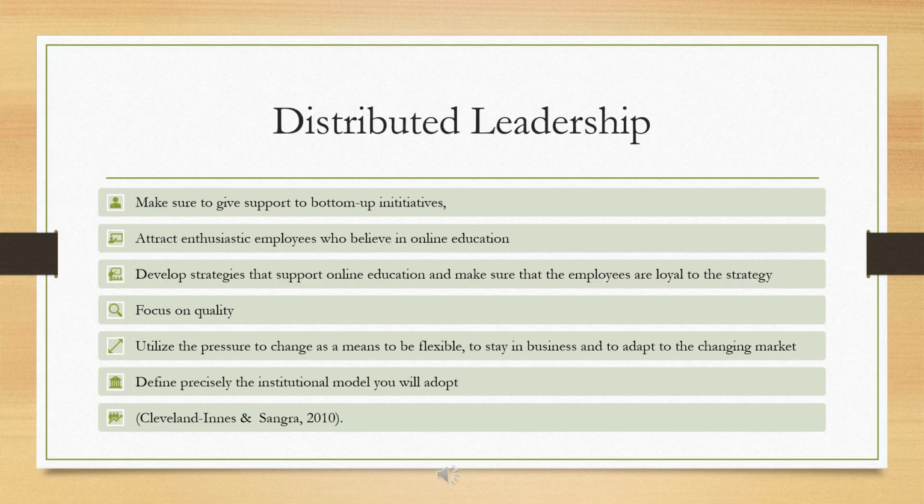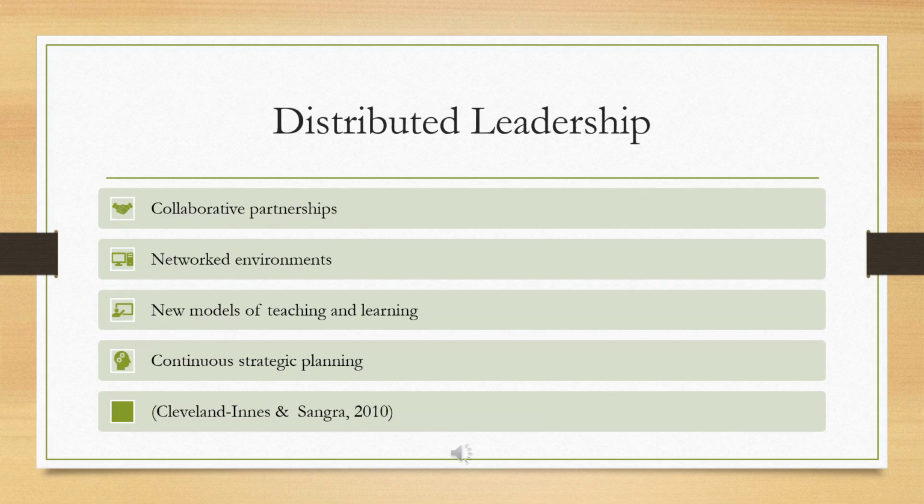For distributed leadership, the idea is to identify the challenges and address the challenges by creating change that approaches innovation. The authors surmise that the new normal for education will involve collaborative partnerships, networked environments, new models of teaching and learning, and continuous strategic planning.